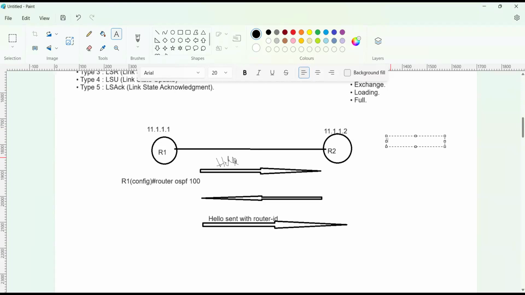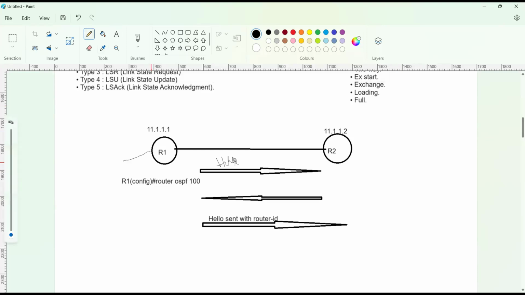If we configure it manually with the router ID command, it will elect that router ID only. If we do not, it will be elected based on the loopback IP address. Whichever is the highest loopback IP address will be elected. If there is no loopback, then the highest physical IP address on the interfaces.